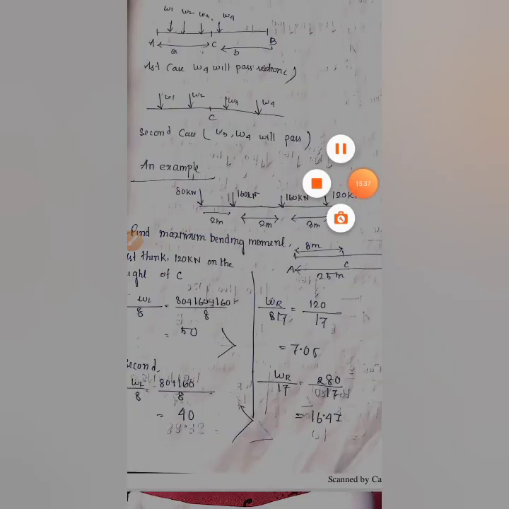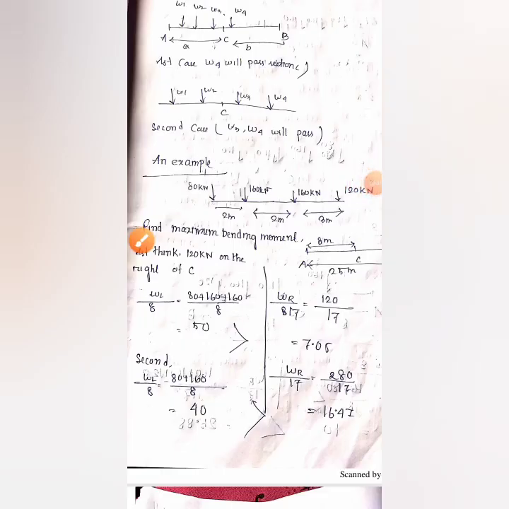Okay, just see, as I have told you, to find the maximum bending moment, a section will be given in the question, and here the section C is given.